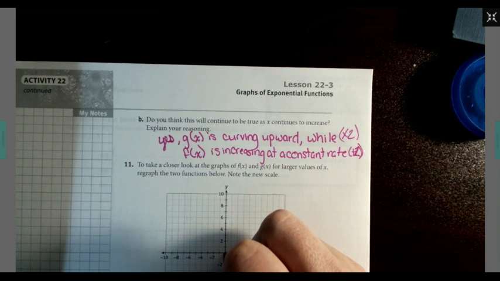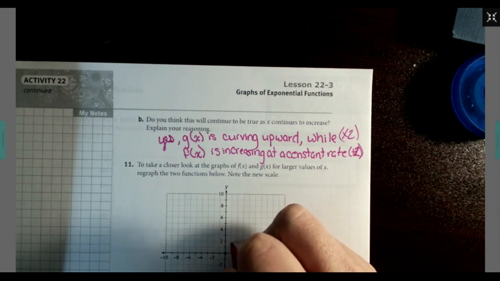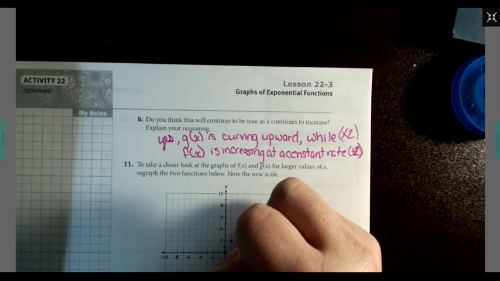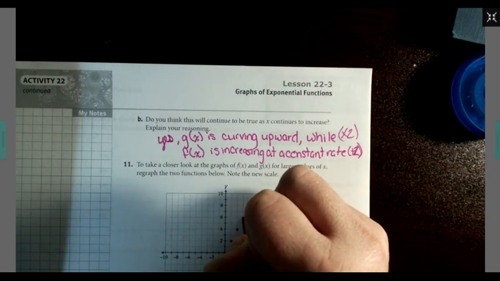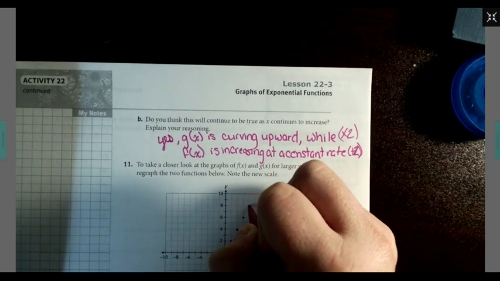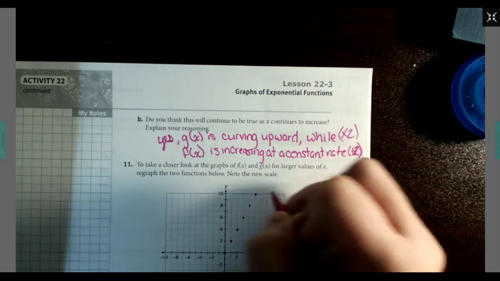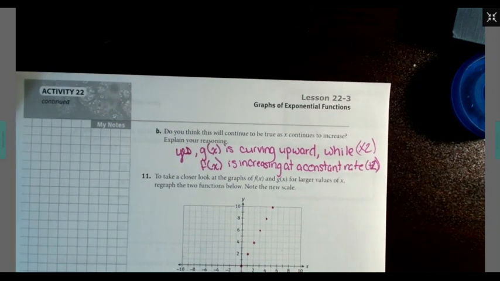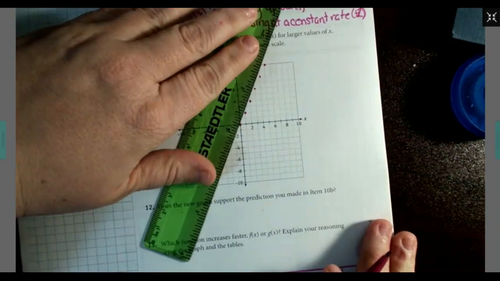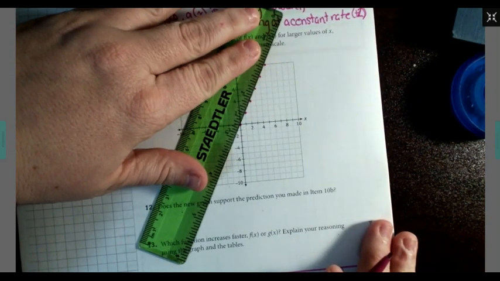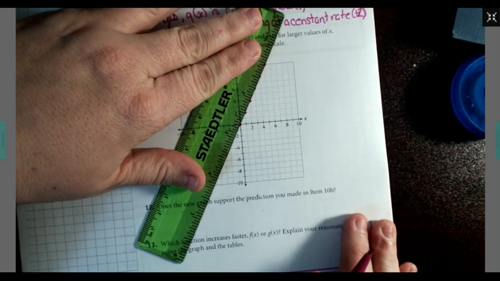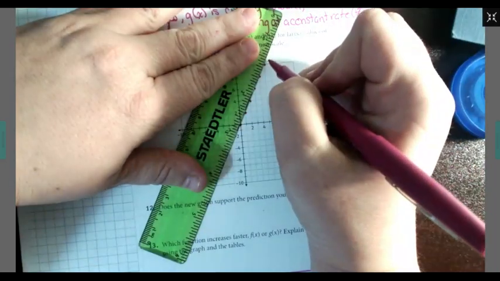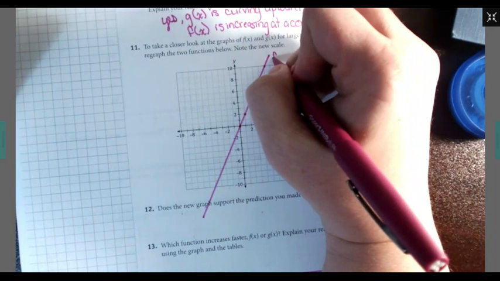We have 0, 0, 1, 2, 2, 4, 3, 6, 4, 8, like so. I'm going to graph this with a straight line. Again, this is f of x.